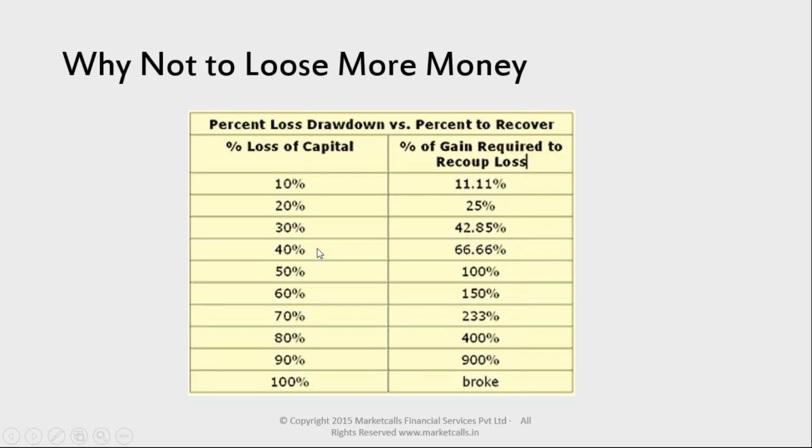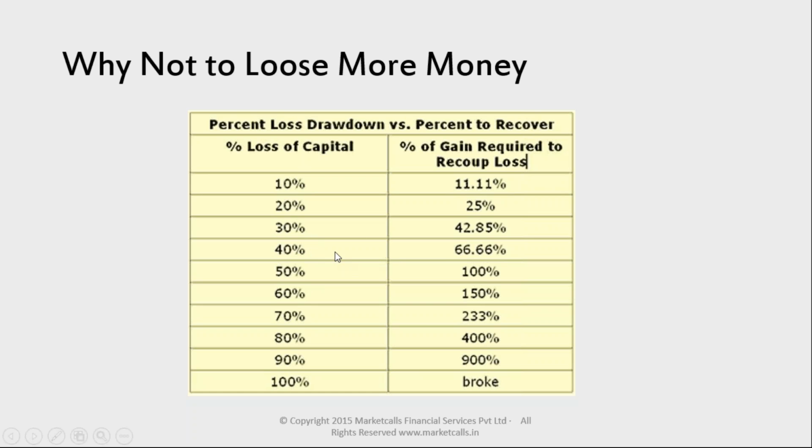So I would say any system which is going to have anything above 30% of drawdown, then seriously you have to consider either to do right allocation or not to leverage too much of money, so that your drawdown will always be under control.